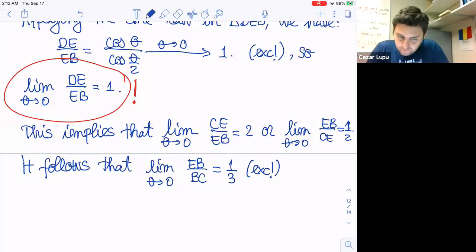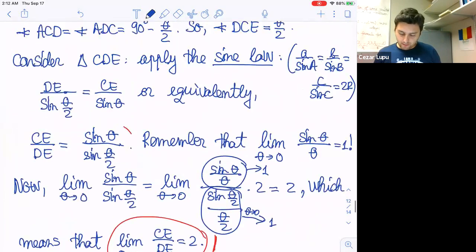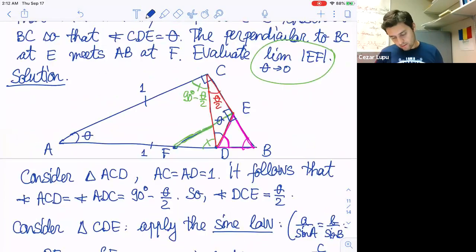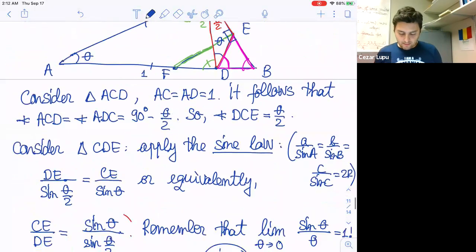And now let's see what happens to the ratio here. We want to write EF over AC.